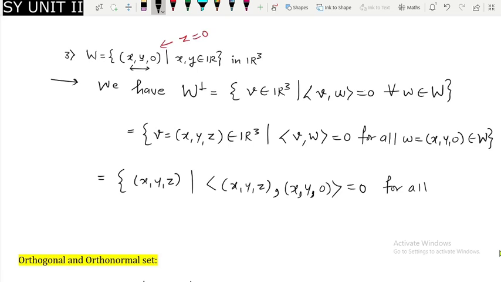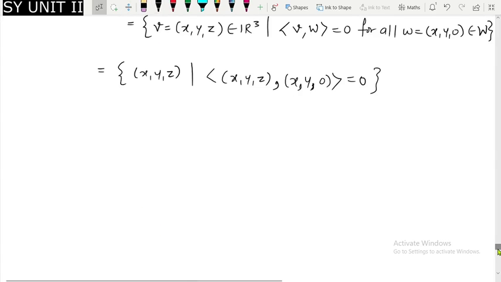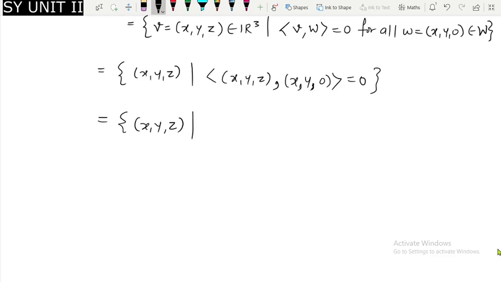W is equal to (x, y, 0) belonging to capital W, but there is no need to write this in this step. So this is further equal to the set of all (x, y, z) such that, if you take the inner product, you will get x square plus y square equal to 0.